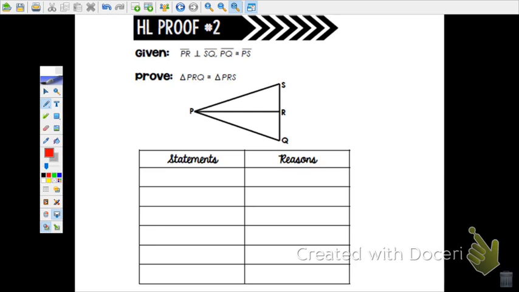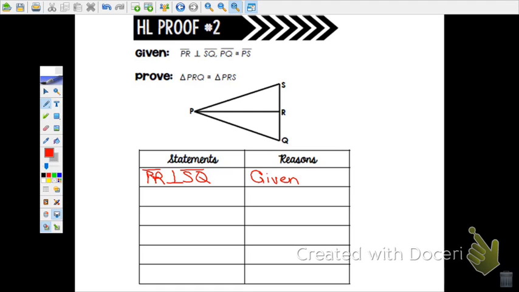Second proof. First given is that PR is perpendicular to SQ. Reason is given. So what would I have to do next?